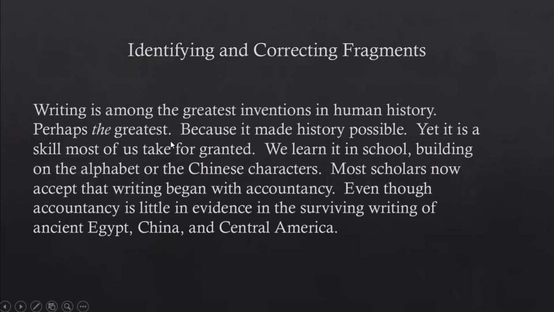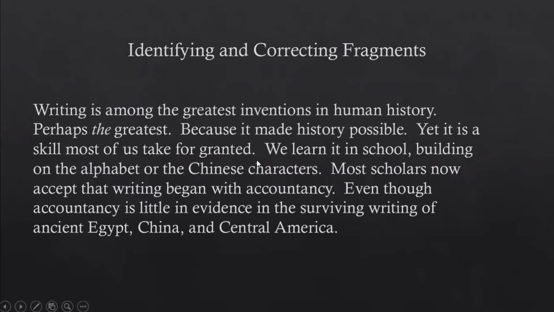Now, if we keep going, because it made history possible. Now, this one's tricky because it does have a subject and a verb. It made. And if all you had was it made history possible, you'd be fine. That would be a full, complete sentence. The problem here is because. So it's a subordinate conjunction.